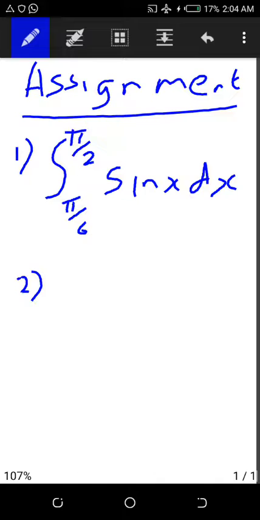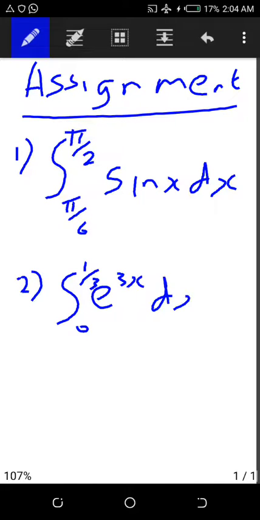For 2, you can also evaluate for me the definite integral of e raised to power 3x, having the boundary conditions of 1 over 3 and 0 with respect to x.